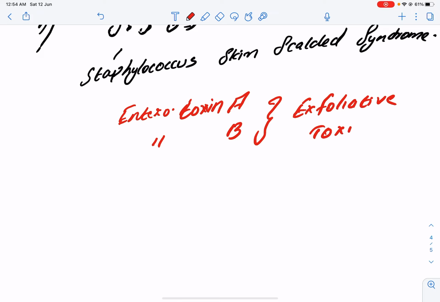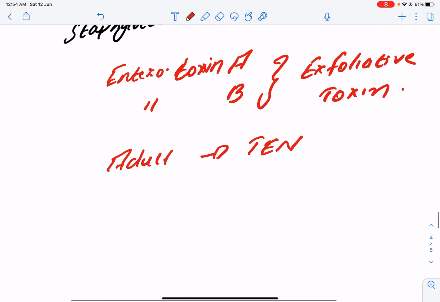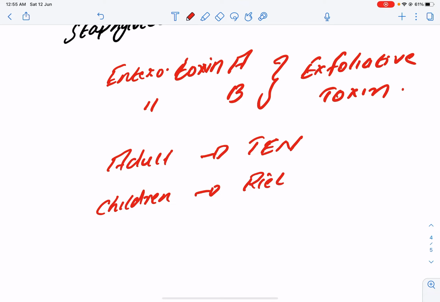This toxin causes, in adults, TEN, which means toxic epidermal necrolysis. And in children, they cause Ritter's disease. So two terms: in children, Ritter's disease; in adults, toxic epidermal necrolysis.